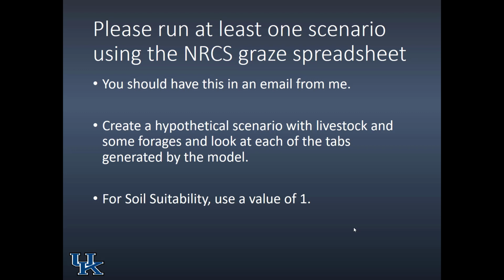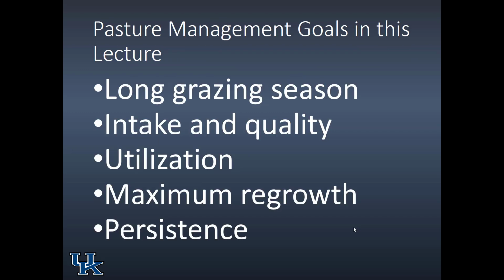So that brings me to the close of this part 1 of pasture management, reminding you of the goals that we're going to be trying to follow in general for any pasture, and especially as we build these 3 lectures on pasture management. The goals are going to be a long grazing season, adequate forage for good intake and quality, and utilization that balances the need for the animals to have enough to eat, but also for forages to regrow.